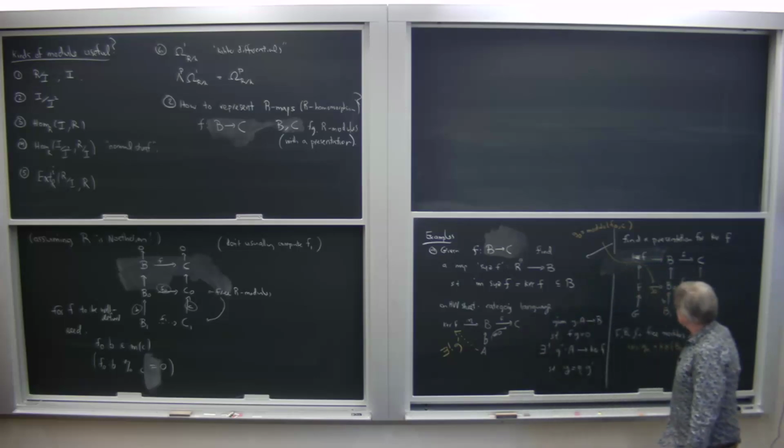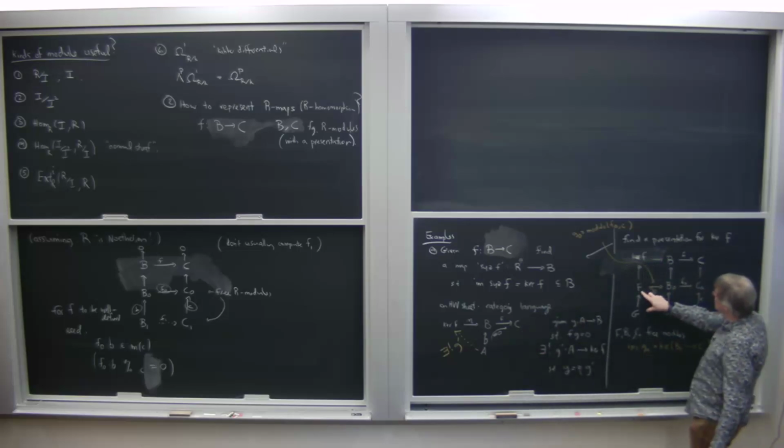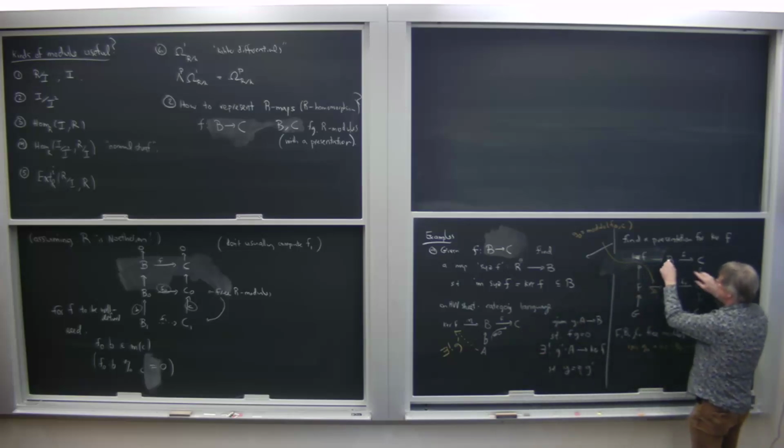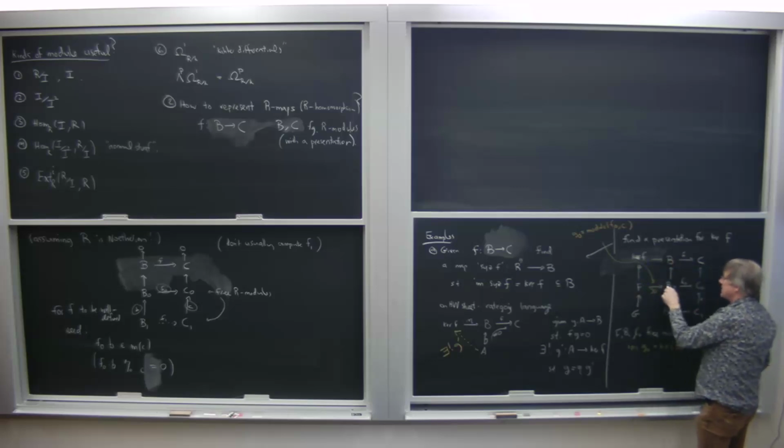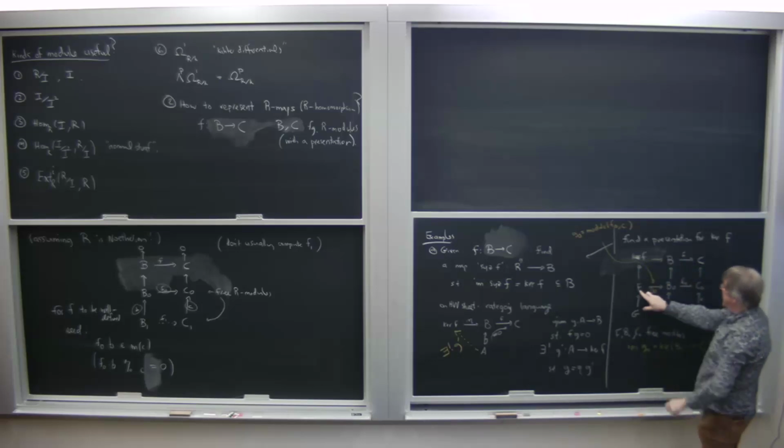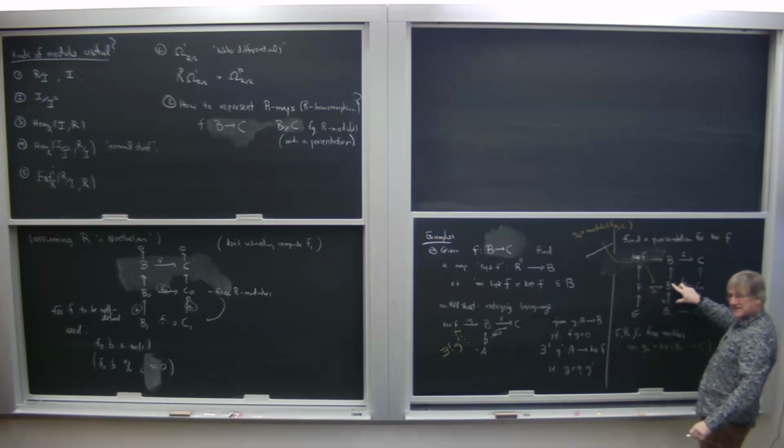Okay, but if you think about it, this thing here is the map you want. It's going to here, and I want the kernel of that map, right? It's mapping to my kernel, and I want the kernel of it. That is just the kernel of this, but that's F going to this modulo this.